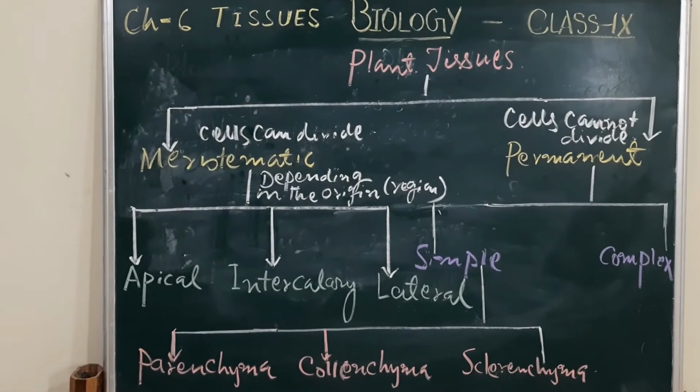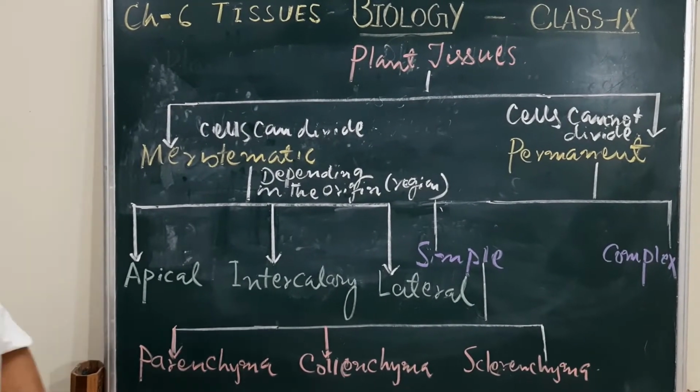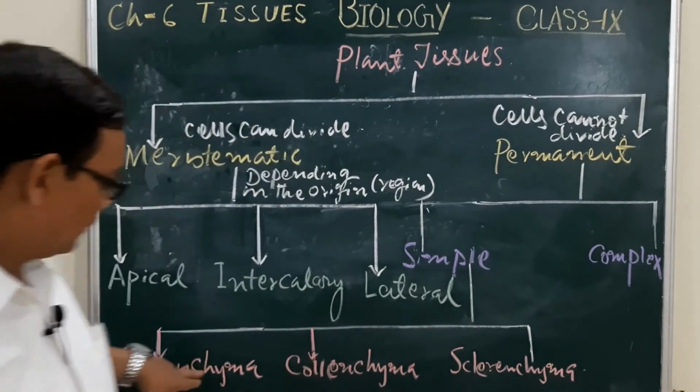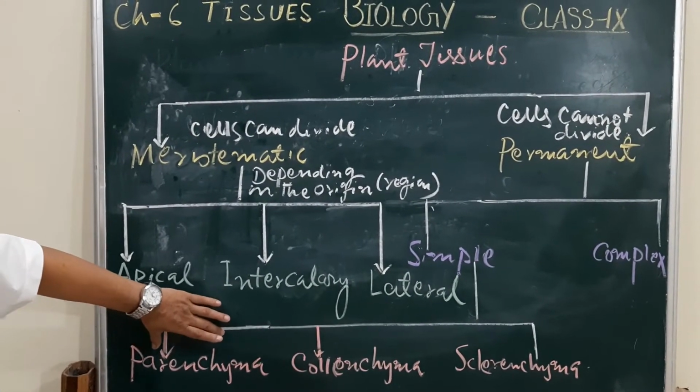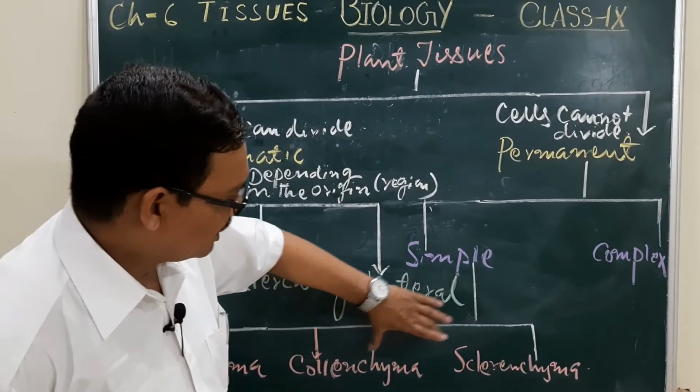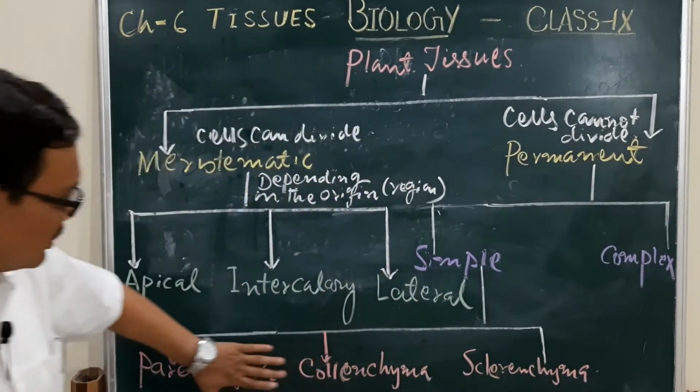So these are the types of the simple permanent tissue. The main three types: parenchyma, collenchyma, sclerenchyma. These are the supportive in function.